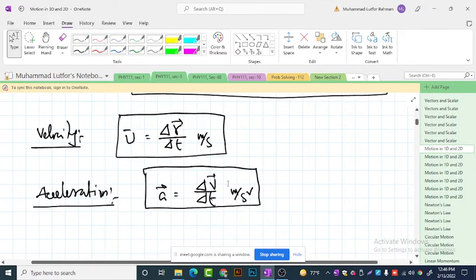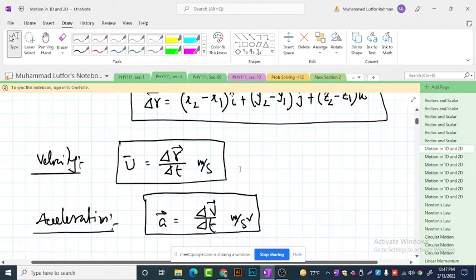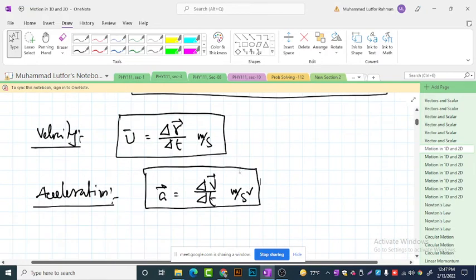And remember, that's the general idea we are using over here to find out the velocity and acceleration. So if you somehow can find out the position vector, you will be able to find out the displacement. If you can find out the displacement, you will be able to find out the velocity and acceleration of the particle.